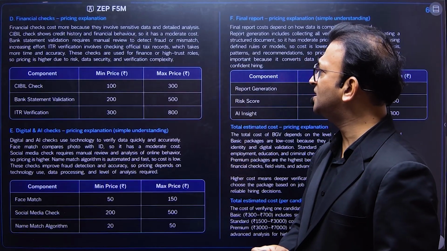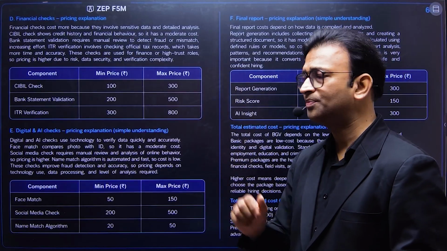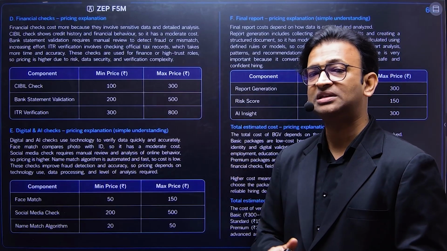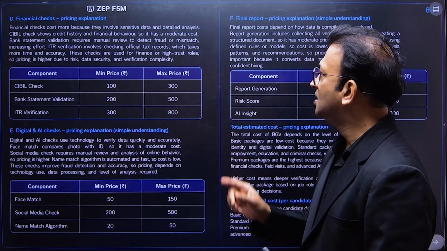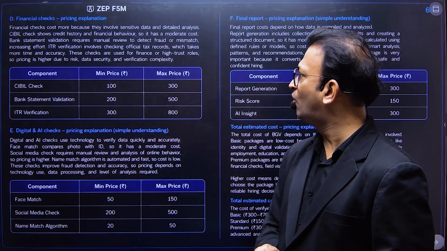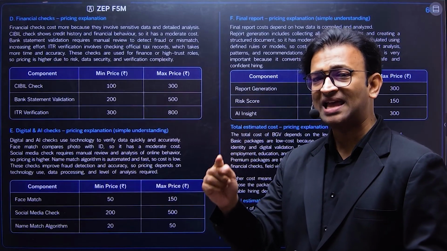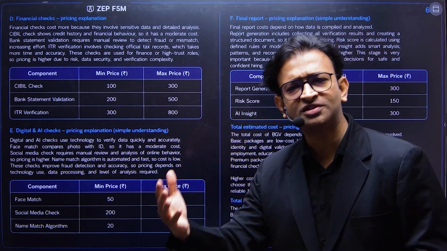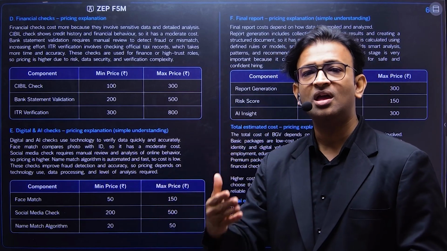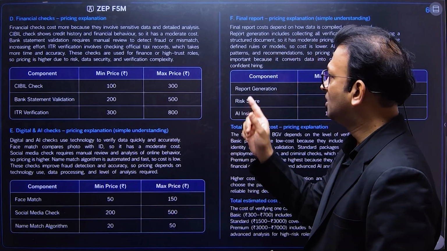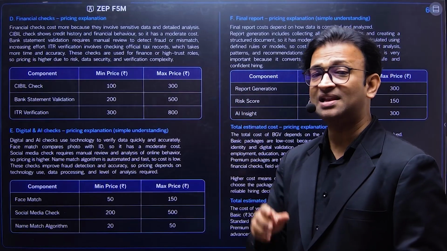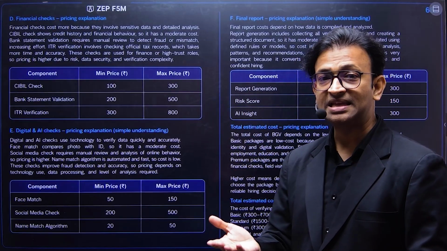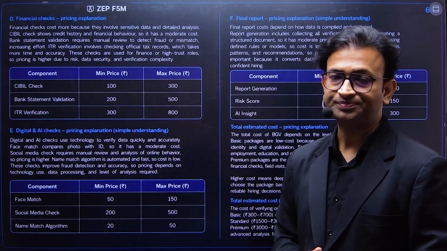Bank statement validation requires manual review to detect fraud or mismatch, increasing effort and the time which is spent. ITR verification involves checking official tax data and tax records, which takes a lot of time, labor and accuracy. These checks are used for finance and high trust roles, so pricing is definitely higher.